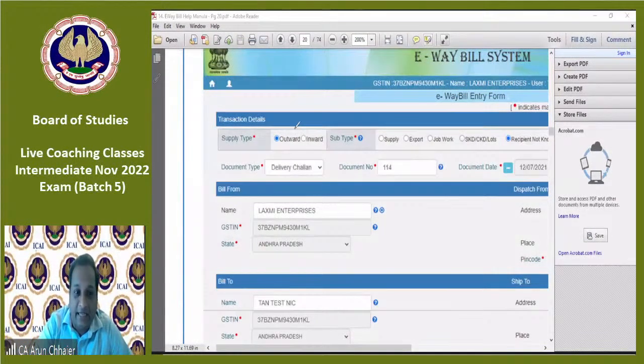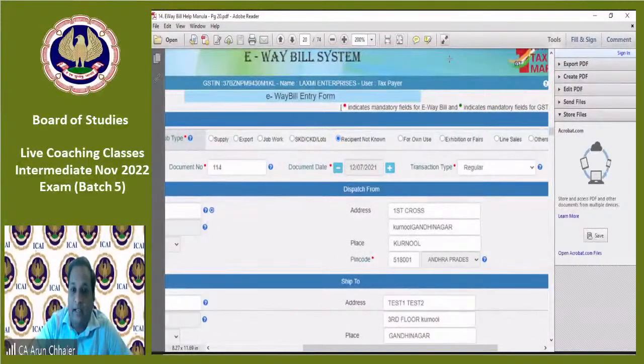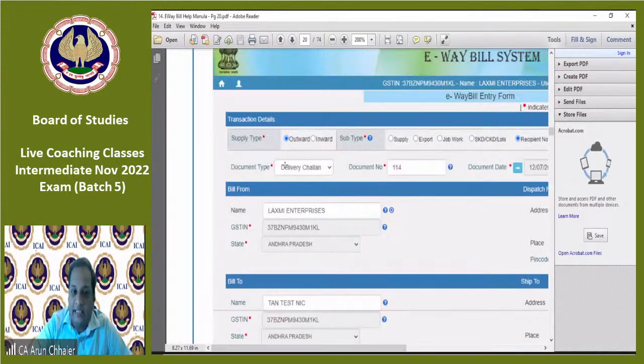An e-way bill can be generated for outward supply or inward supply. It means even the supplier can generate the e-way bill, or the recipient can generate the e-way bill. Subtype means after selecting the type, I have to give the further subcategory, whether it is supply, export, job work, or SKD or CKD condition, etc. Then we need to mention the document number.